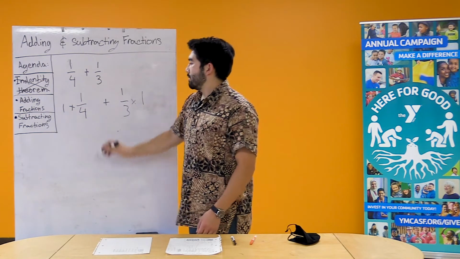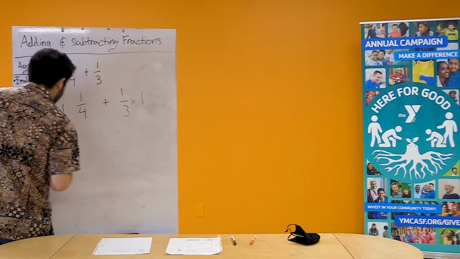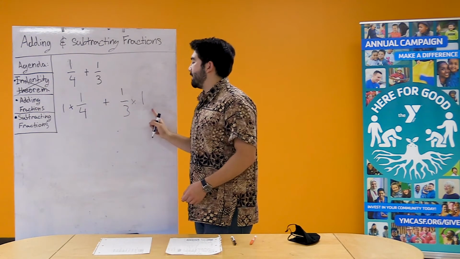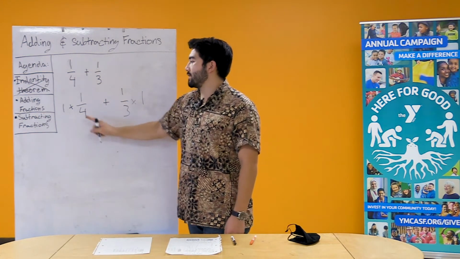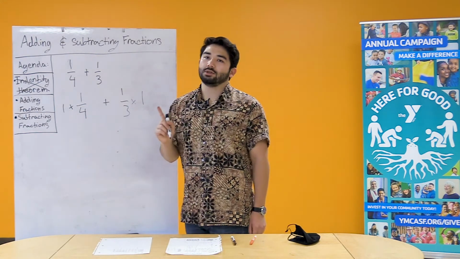Okay. Oh, that's a multiplication sign. Okay, so we're multiplying both these fractions by 1, so this is not going to change the value of 1/4. 1/4 times 1 is going to equal 1/4. 1/3 times 1 is equal to 1/3.